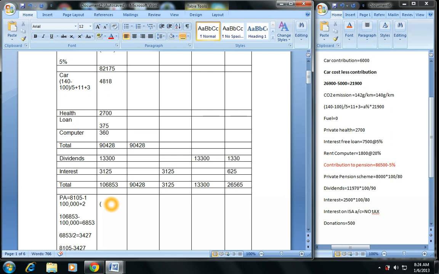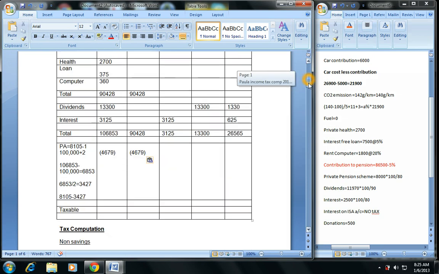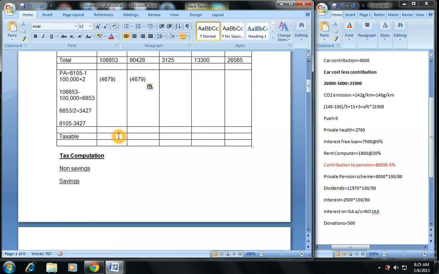We have to deduct the same figure from there. So now we come to a total of 102,174, and it will be 8,574.